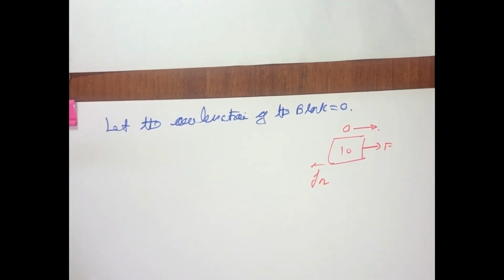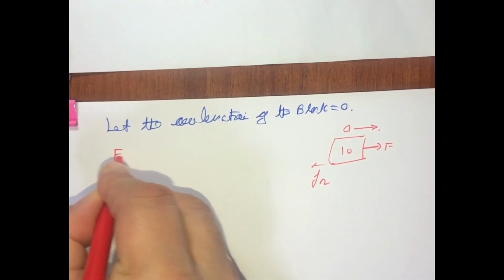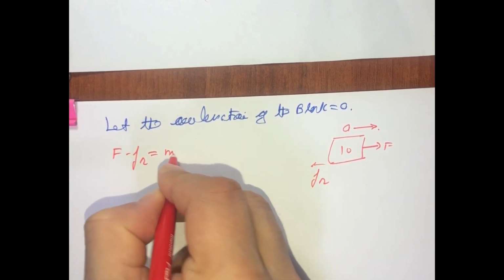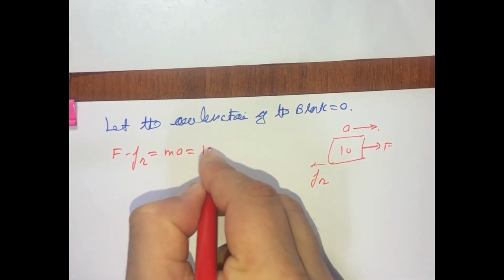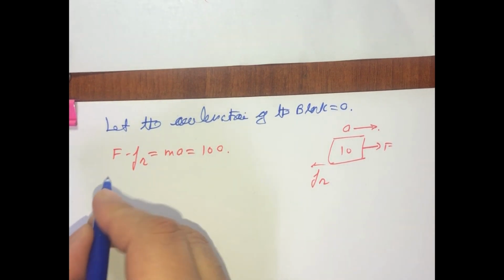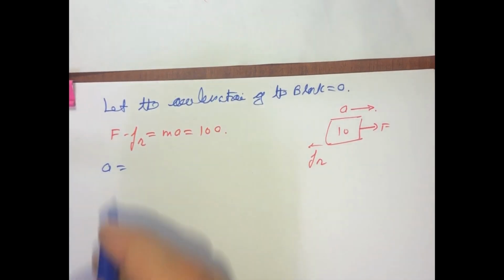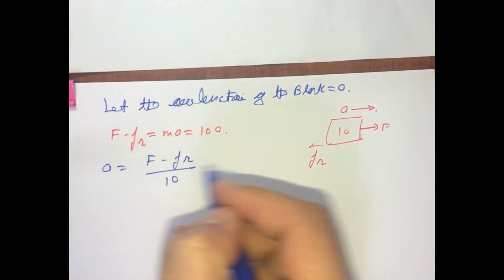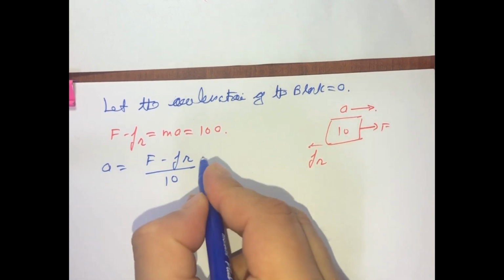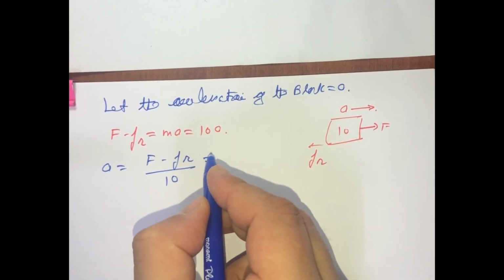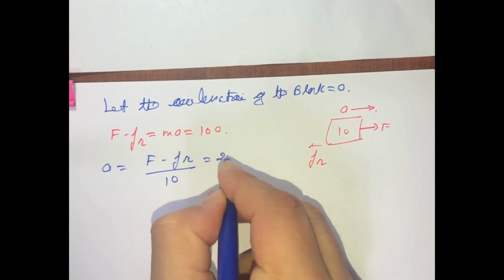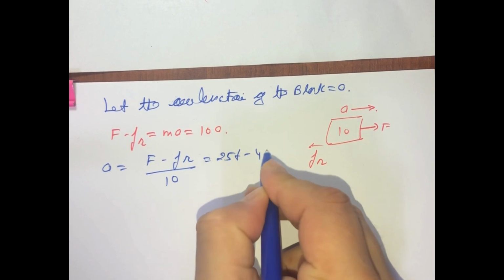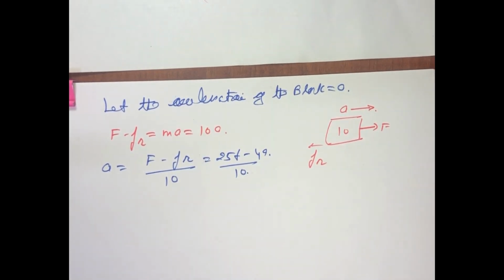Therefore we can write the equation of motion as F minus Fr equals ma, which means 10a. So acceleration a equals F minus Fr divided by 10, where the applied force is 25t minus Fr, which is 49, all divided by 10.